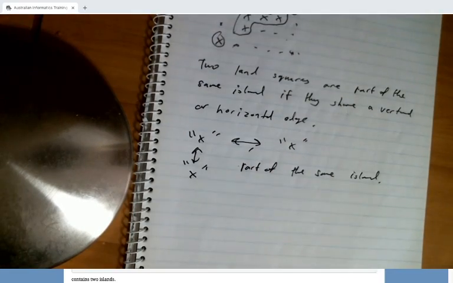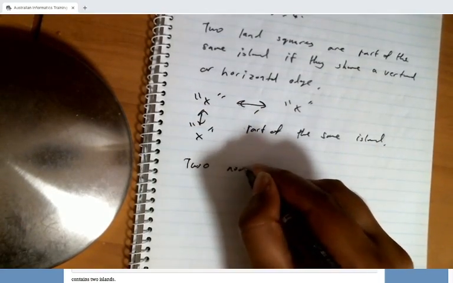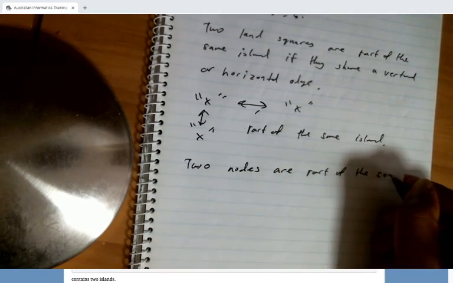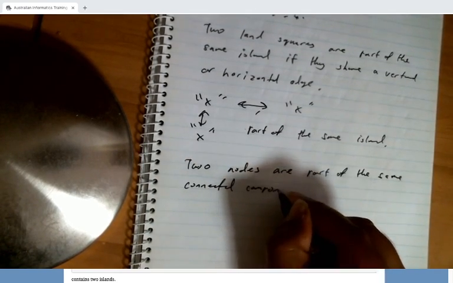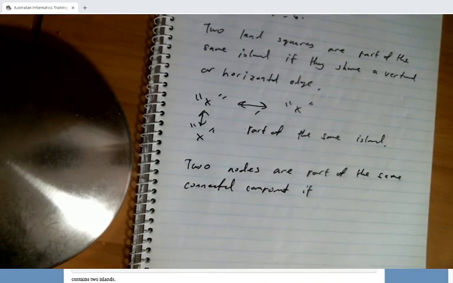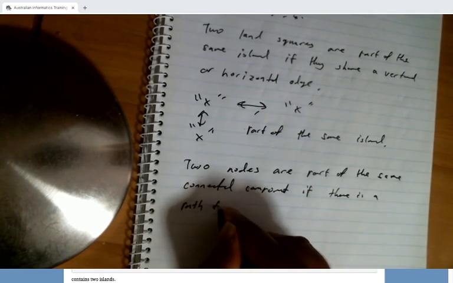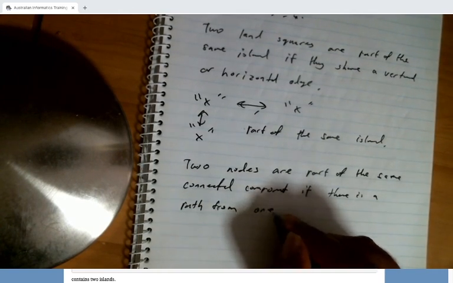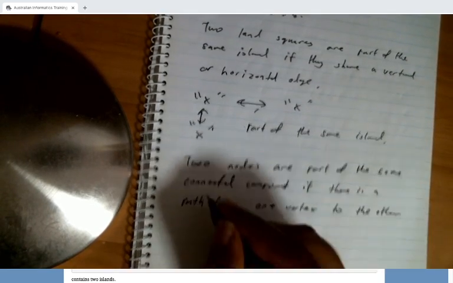Now, what did I tell you about connected components earlier? We saw that two nodes are part of the same connected component if there is a path from one vertex to the other, in other words, through the edges.